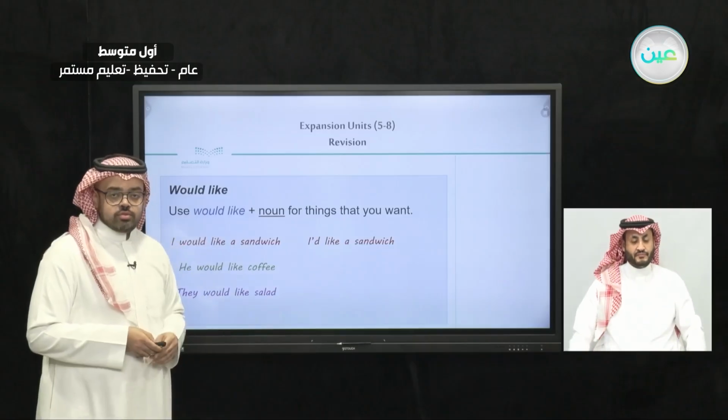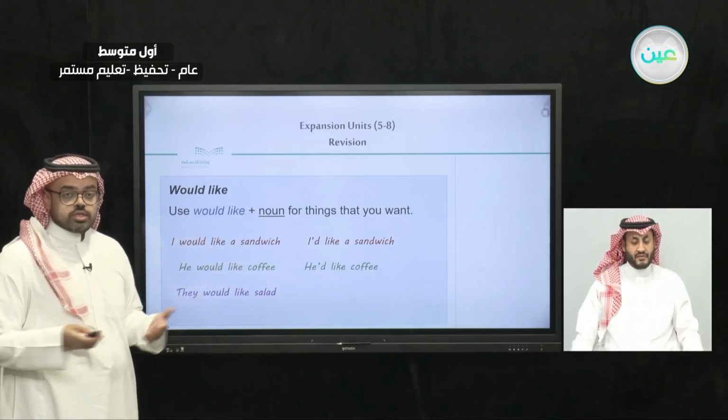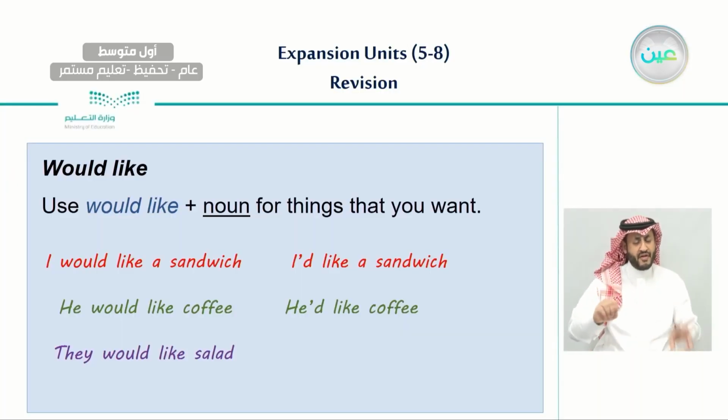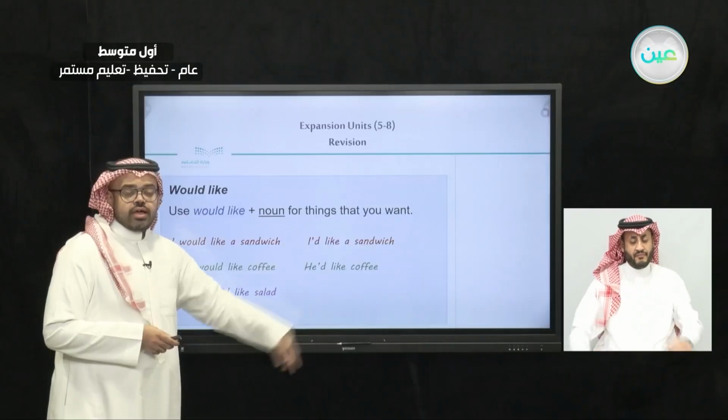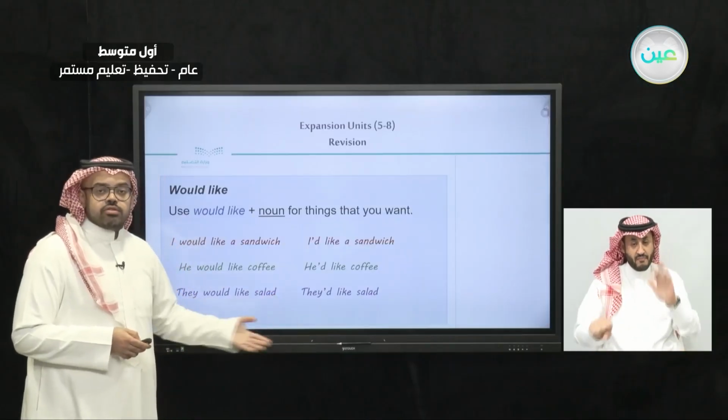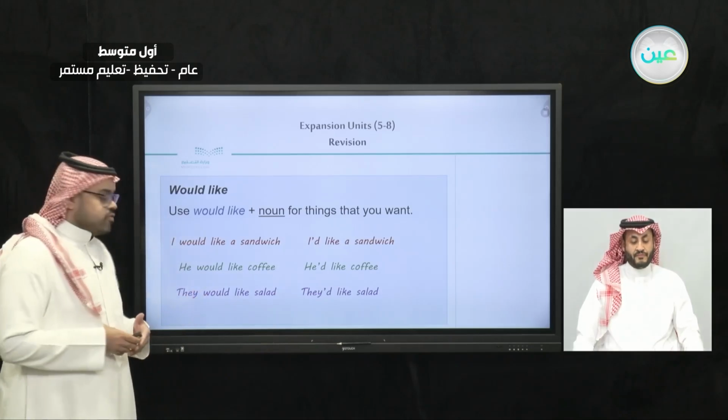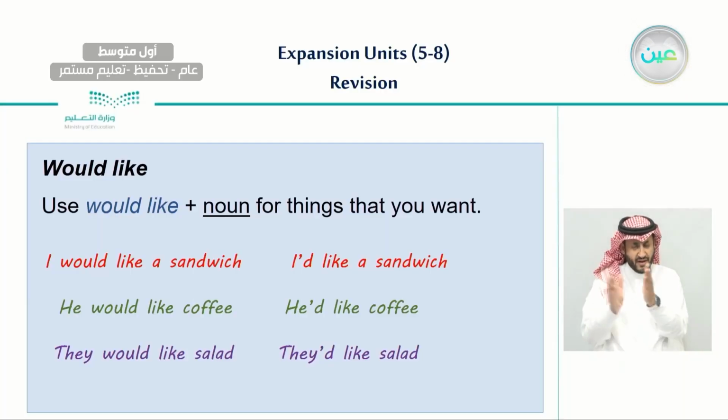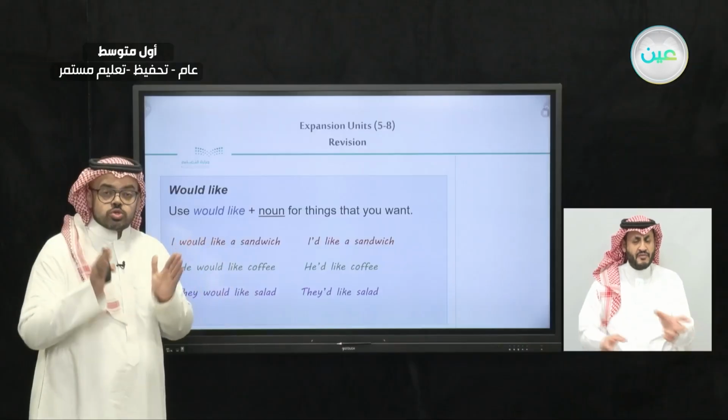And also with the subject he, instead of saying he would like coffee, we can say he'd like coffee. And also with the subject they, instead of saying they would like salad, we can say they'd like salad. So here is how we can use would like, what comes after would like, and how we can use it in a shorter form.